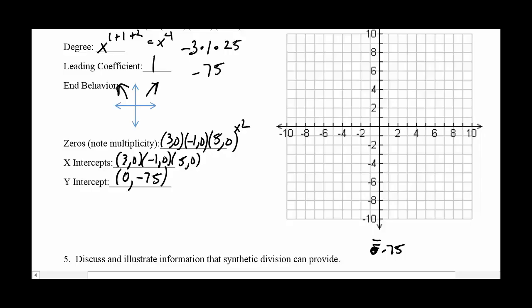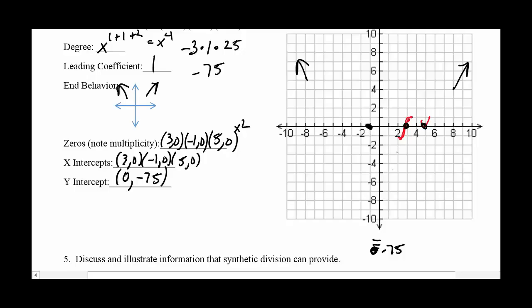Then I got 3, 0 right there. Negative 1, 0 right there. And I got 5, 0 right there. And I know it's first and second. Starting with the leftmost, the 5, 0 is going to have a bounce. That's going to have a wiggle.